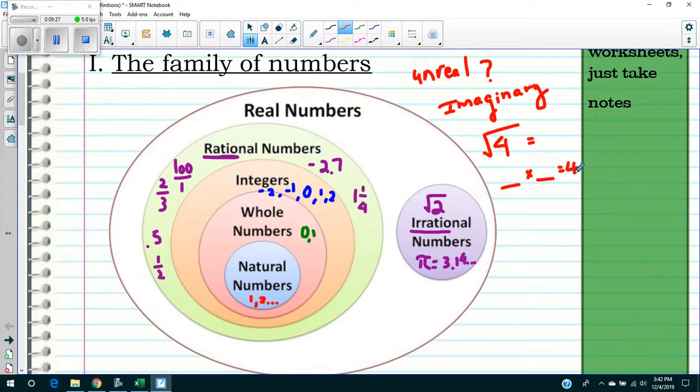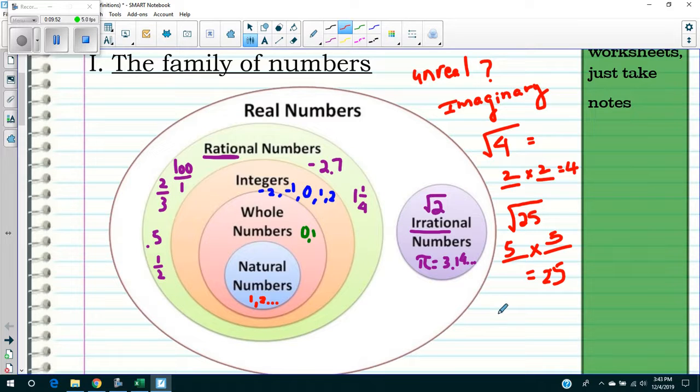Yep, 2. Right? So for example, let me ask you another question. What's the square root of 25? In other words, what number times itself will give you 25? What would you say to that? Yep, that's right, it's 5.